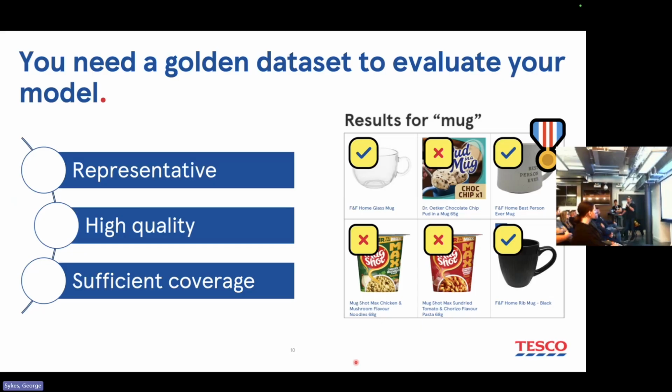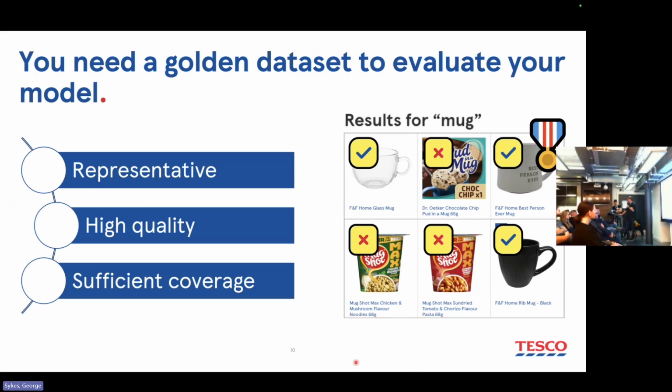But as with all sources of judgments, you need something to measure the quality against. And that's where a golden data set is important. You need a set of judgments that you can truly trust and use that as a benchmark for any kind of judgment source. And we believe that a good golden data set has three key properties. The first is it needs to be representative.